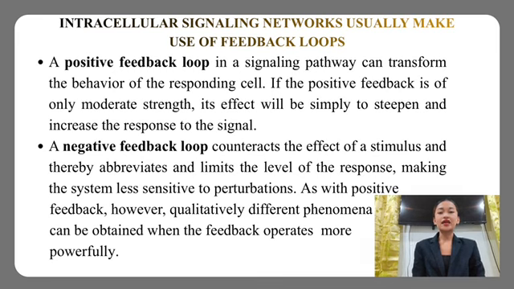In contrast, a negative feedback loop counteracts the effect of the stimulus and thereby abbreviates and limits the level of the response, making the system less sensitive to perturbations. As with positive feedback, however, qualitatively different phenomena can be obtained when the feedback operates more powerfully.